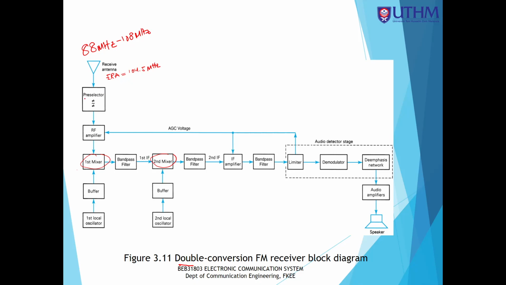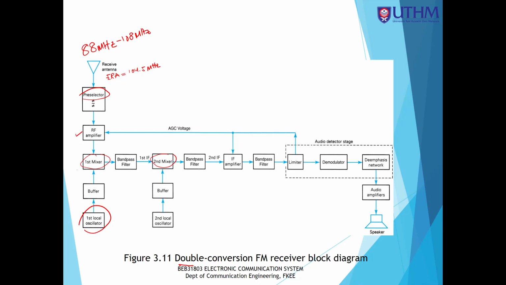That means the pre-selector will tune at the center frequency of 104.5 megahertz. Then the signal will be amplified and put inside the first mixer, which will mix with the first oscillator. So what happens here is the down conversion.